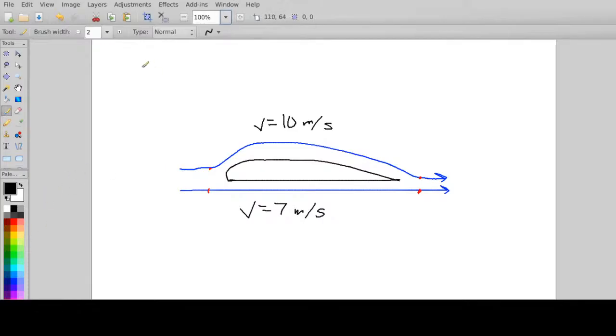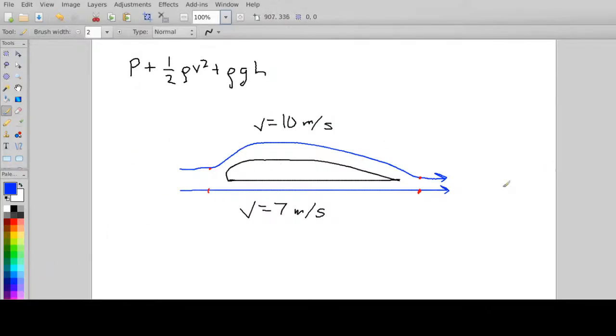I'll write this, and we'll solve it on my text editor. Basically, Bernoulli says if you calculate P plus 1/2 rho V squared plus rho GH, where rho is the density of the fluid, that quantity is the same at every single point in this flow.